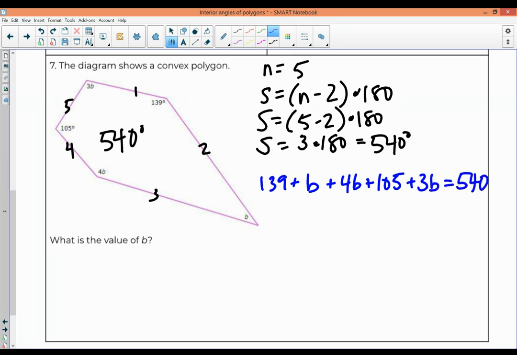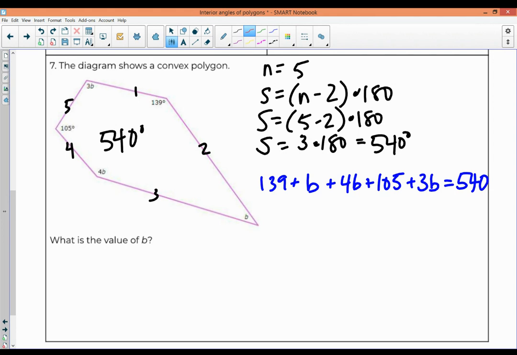So we've done this before with triangles, adding the three angles together and setting them equal to 180. This is the same idea, except first I need to figure out the sum of the interior angles by using that new formula. And now I'm just adding up those angles and setting it equal to that sum.